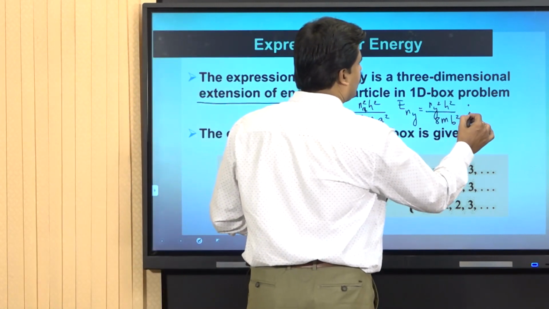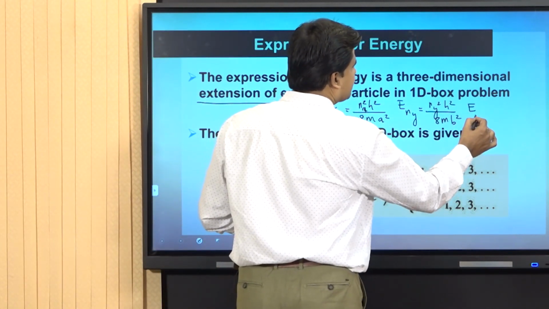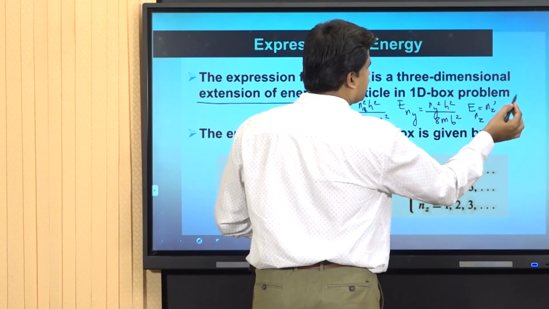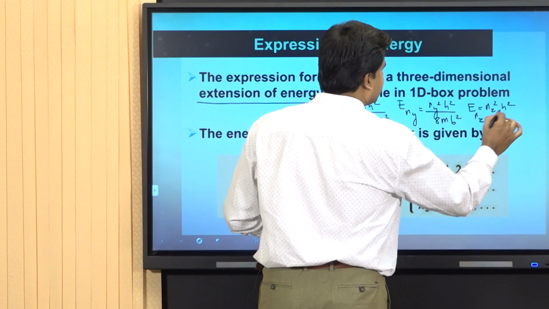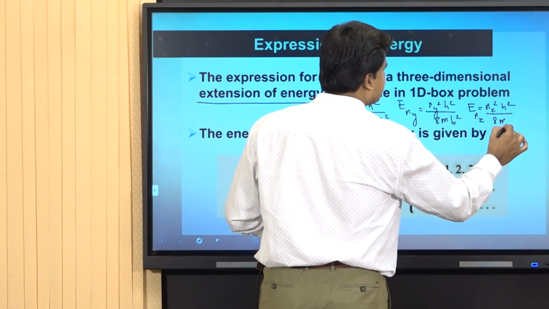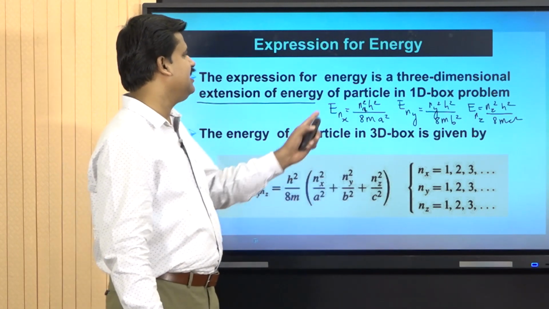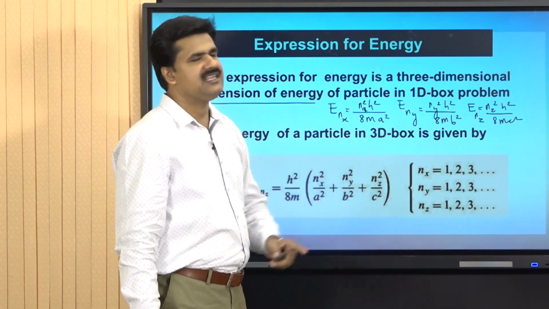Similarly, for the z direction, energy Enz is equal to nz square h square divided by 8 m c square. These are the three components of energy, Enx, Eny and Enz.